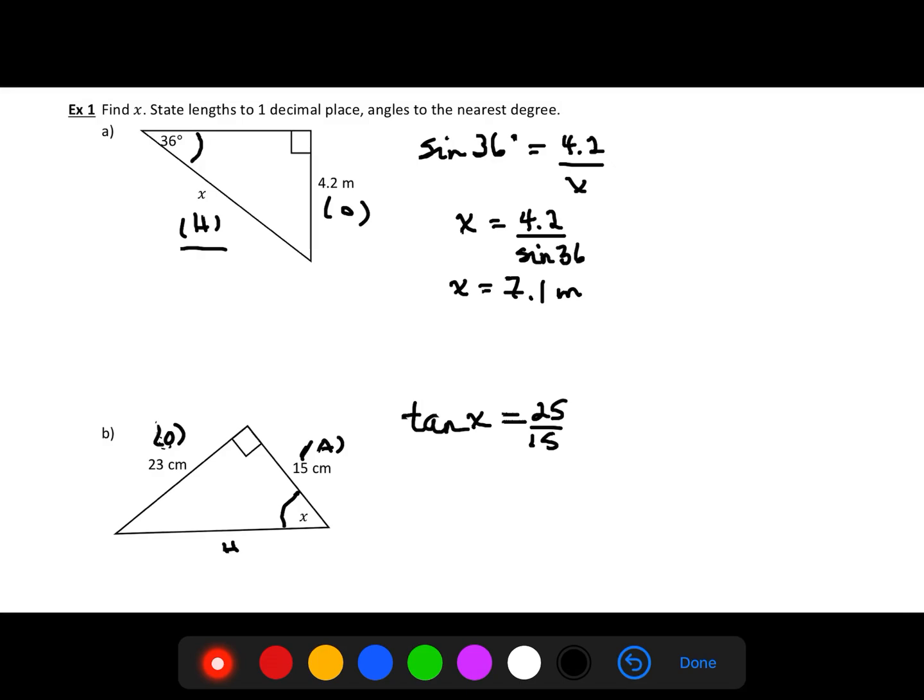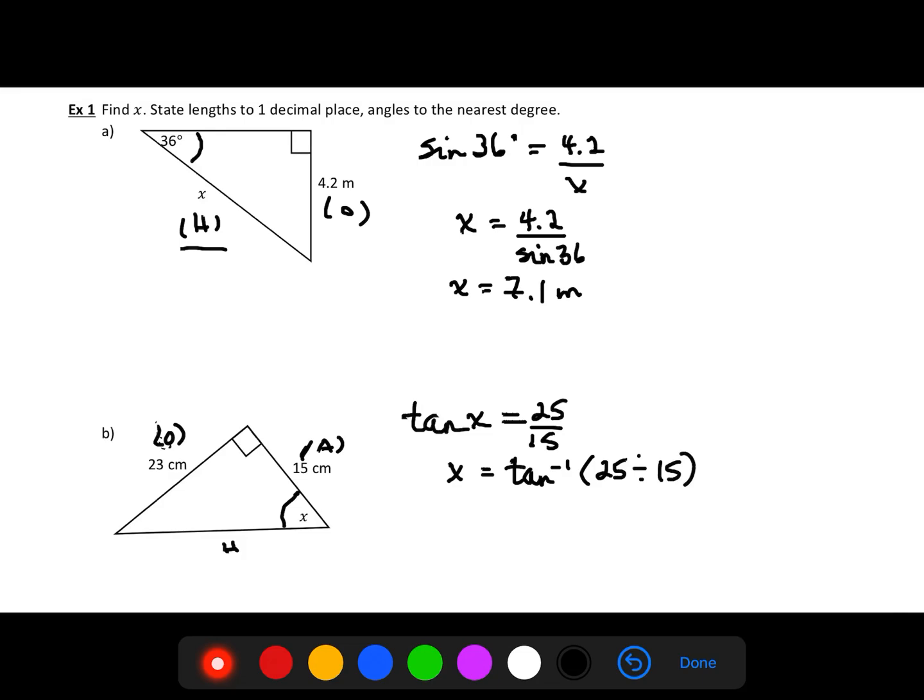Now remember, a tan ratio is going to be a decimal, which we're going to get when we do our 23 divided by 15, but we want to do that all in one step in our calculator so we don't have to round. When we are looking for an angle, we need to do our inverse tan.